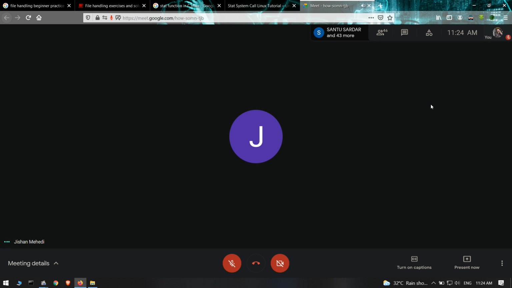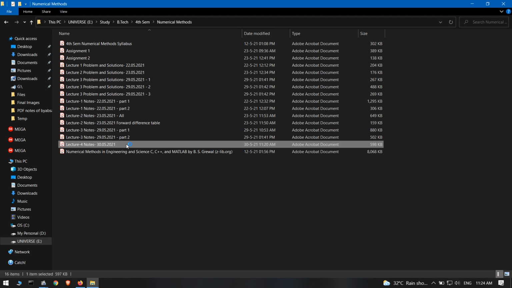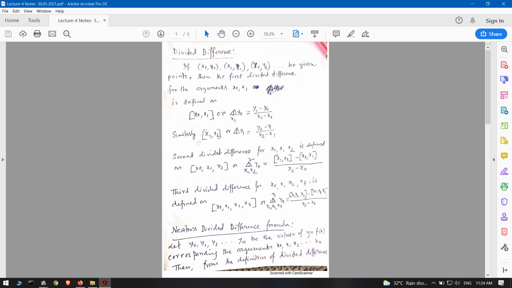This is divided difference, and it is denoted by a symbol; if you open the PDF, you will find it is like del, then one straight line. So del of y0 is y1 minus y0 divided by x1 minus x0, and below you denote x1, since here the forward difference of independent variables is also calculated and the ratio is considered.